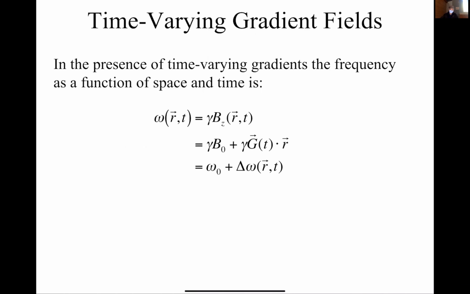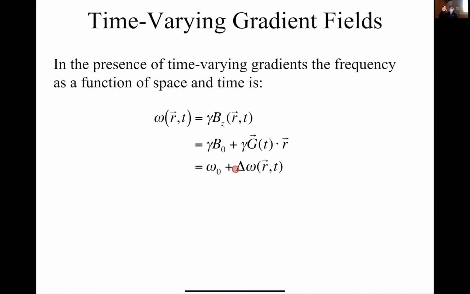So remember, the Larmor frequency at every location is just gamma times the local field, Bz. So now we can have gamma B naught. That's the omega naught term we've been dealing with. And then we're going to define this delta omega, the incremental frequency relative to the isocenter.